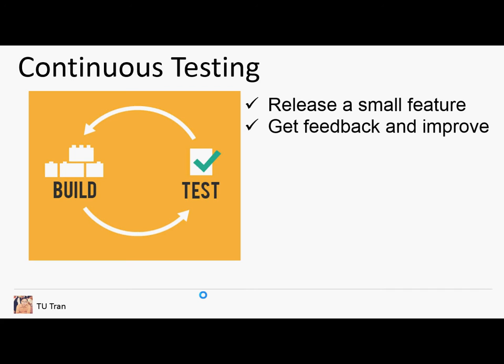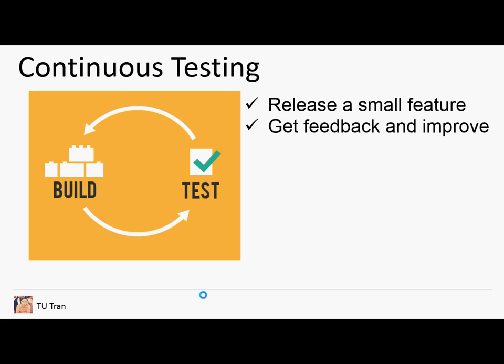In continuous testing, it suggests that we should break the big feature into smaller ones, implement them, and deliver the feature to the end user or the customer as soon as possible.